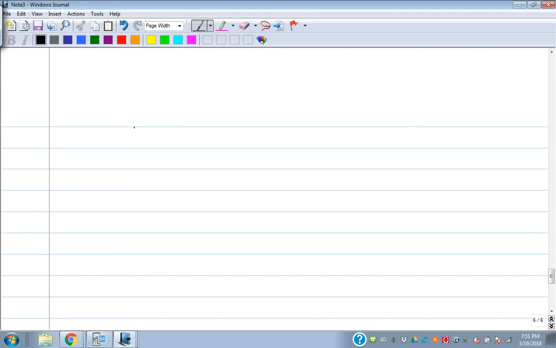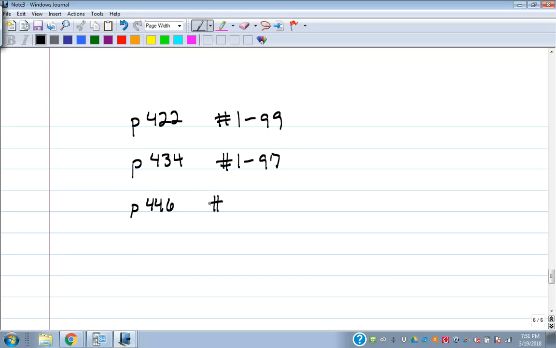Let's look at some problems that you might want to see out of your textbook for these various sections to get you going. All right, so there's the problem set that you want to look at for this section.